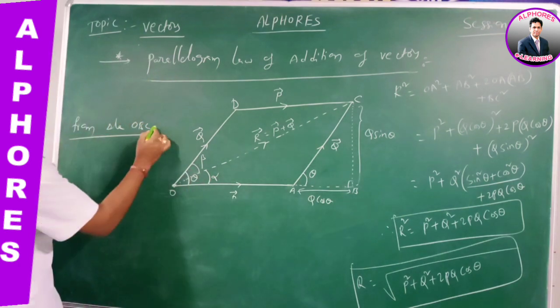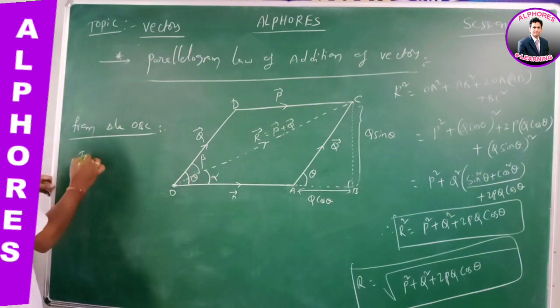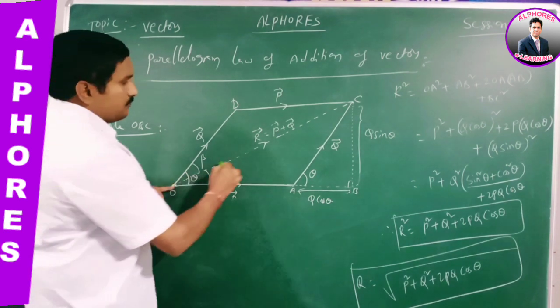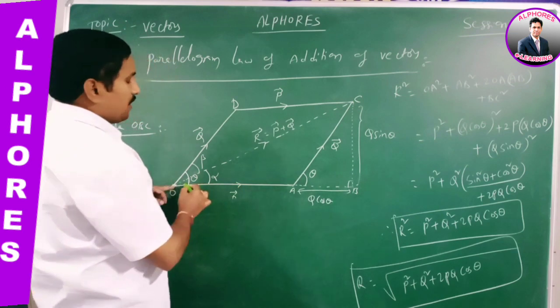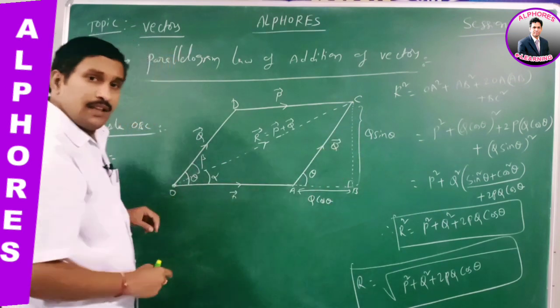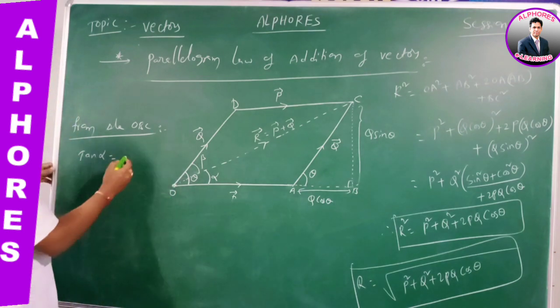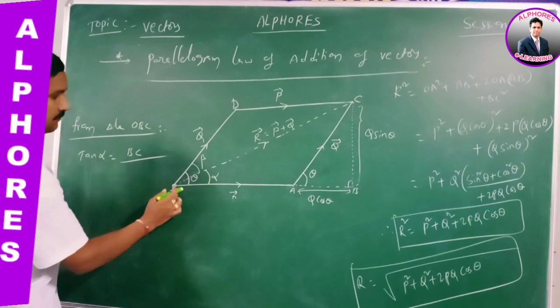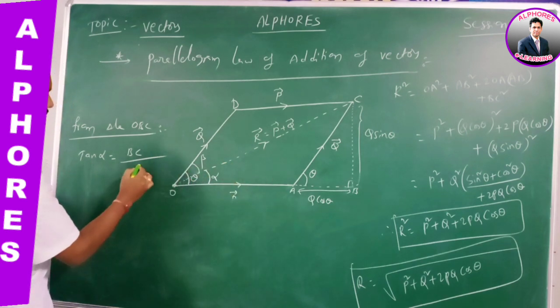That means from triangle OBC, what about tan alpha here from the figure? In this right angle triangle, tan alpha is equal to opposite side by adjacent side. Opposite side is BC, by adjacent side, the total OB.